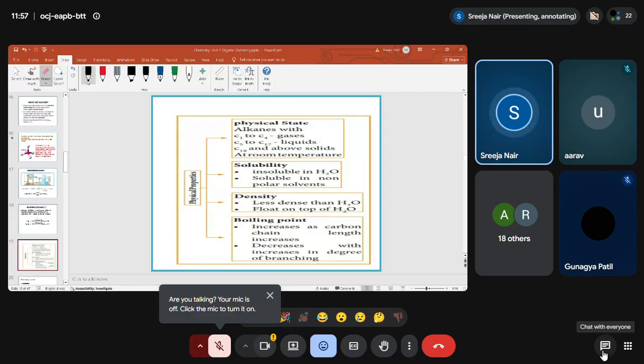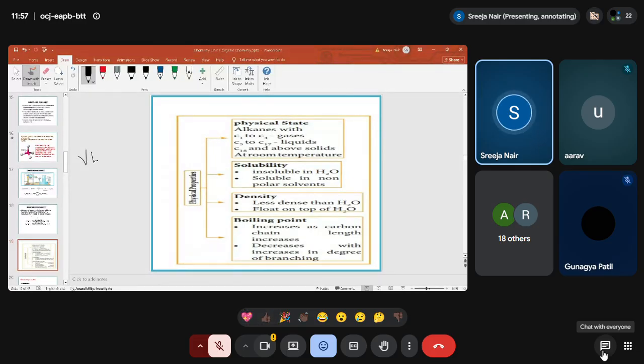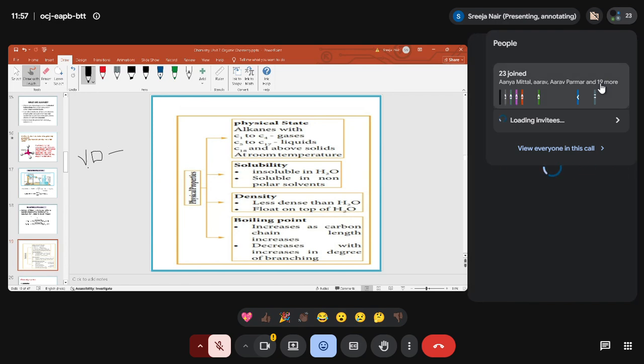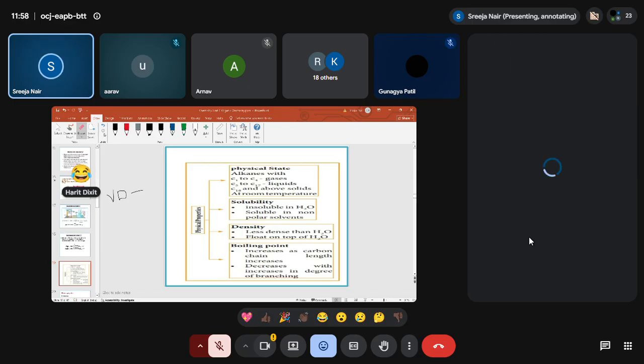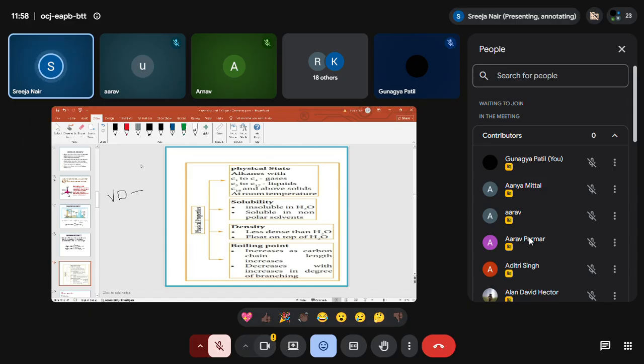So here we have learned about the vapor density. The formula of molecular mass: to find the molecular mass, it is 2 into vapor density.